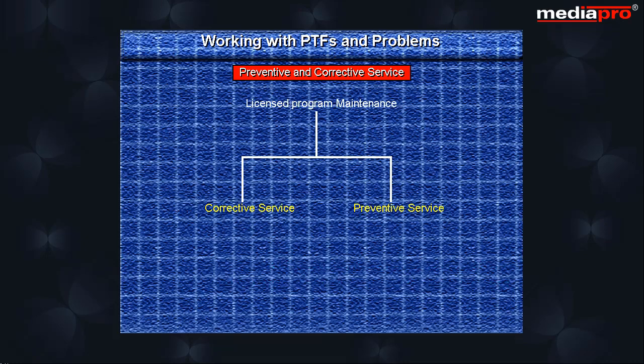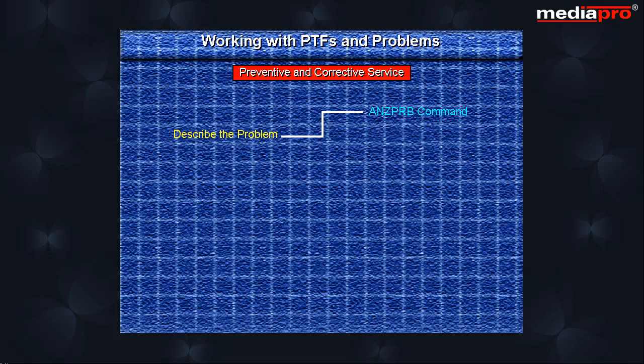Even after installing the latest available PTFs, you might still have a problem that requires immediate action. In such situations, we use Corrective Service. We can describe the problem using the Analyze Problem or Work with Problem command.